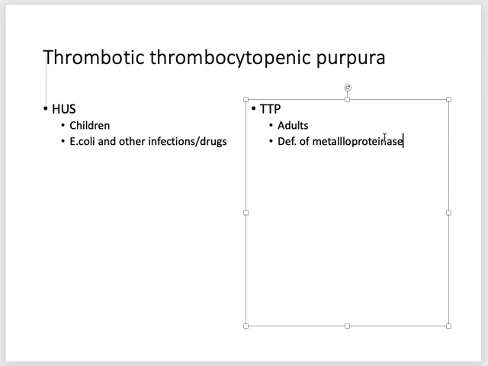Von Willebrand factor is released by endothelial cells, and it is cut into small pieces by our protease enzyme, which has a big name, ADAMTS13.